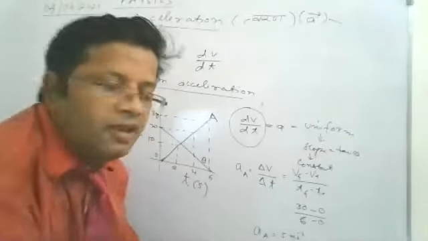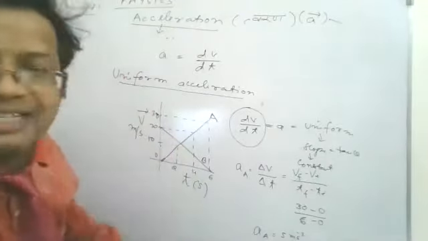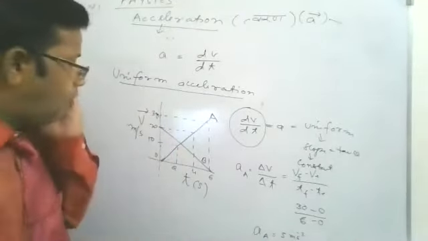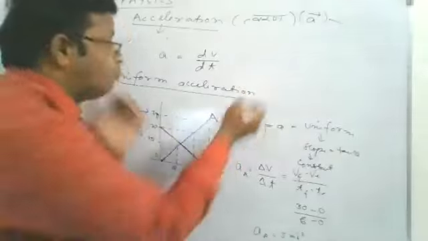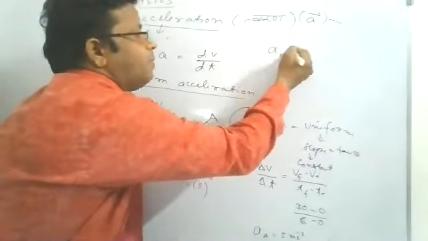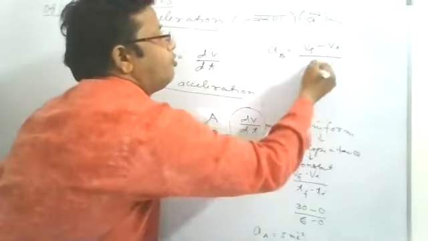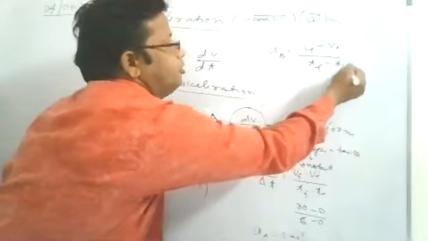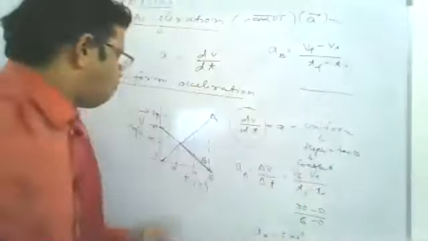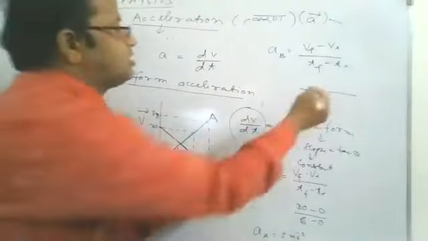Now beta, all of you see how we can determine the acceleration of body B. For body B, same formula: final velocity minus initial velocity upon T final minus T initial. For body B, what is the final time? 6.